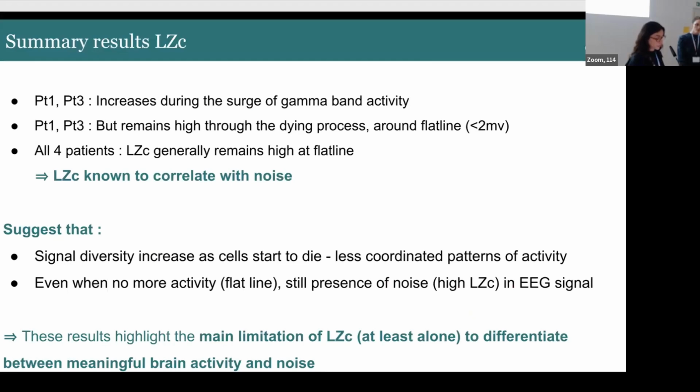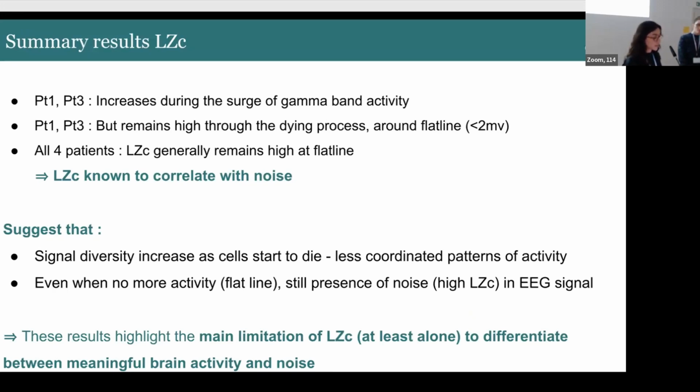To summarize, we found that alongside the surge of gamma activity in these two patients, we see an increase of Lempel-Ziv complexity, but it remains high for all four patients at flat line, when the brain is actually dying. It makes sense because Lempel-Ziv has been shown to correlate with maximal randomness.